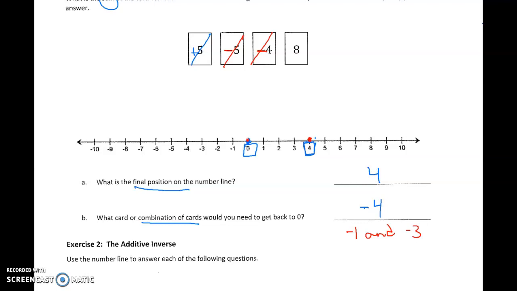Okay. What if I started with -2? What would I have to do to get to 0? I'd have to go a -2 more.